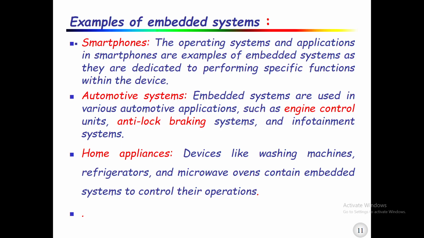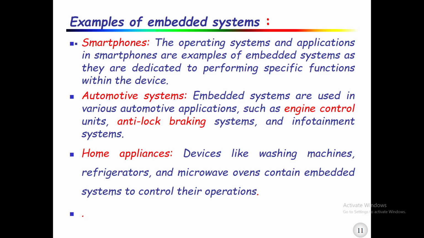Automotive systems: embedded systems are used in various automotive applications such as engine control units, anti-lock braking systems, and infotainment systems. So the larger system is the automobile itself, but inside it there are numerous embedded systems like these.